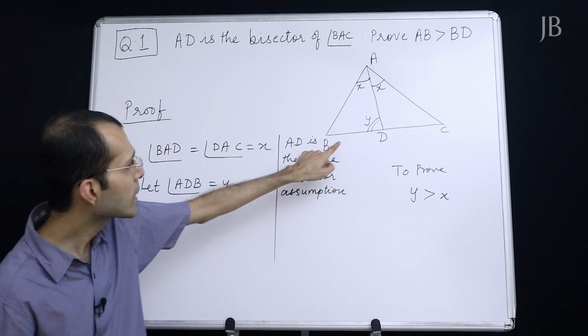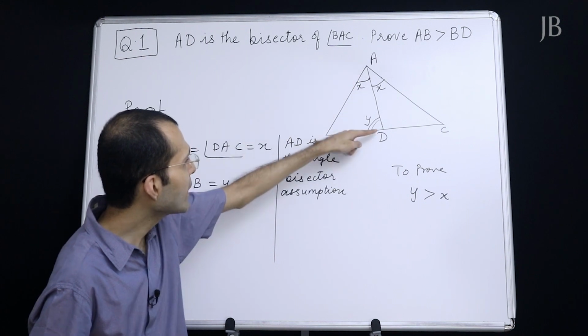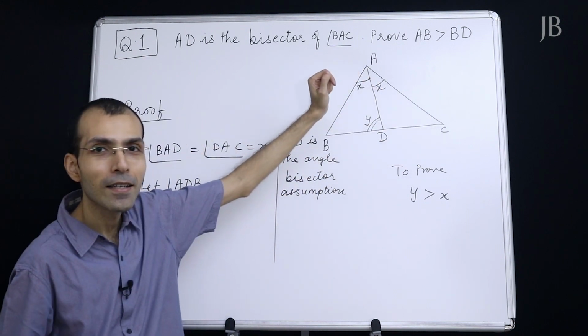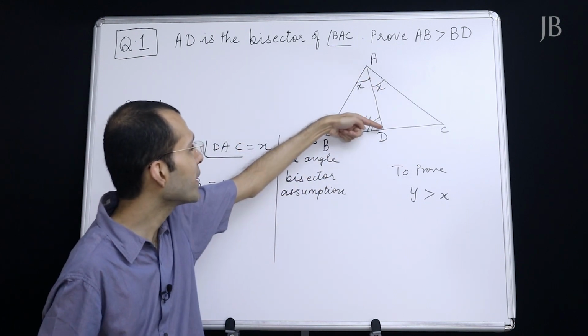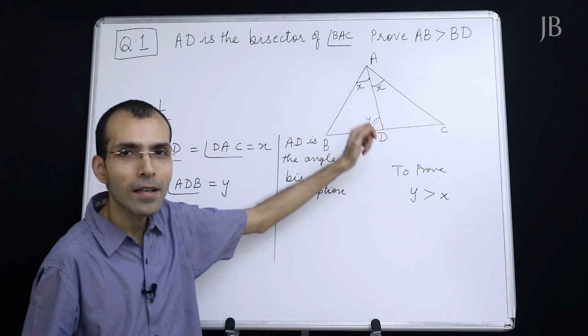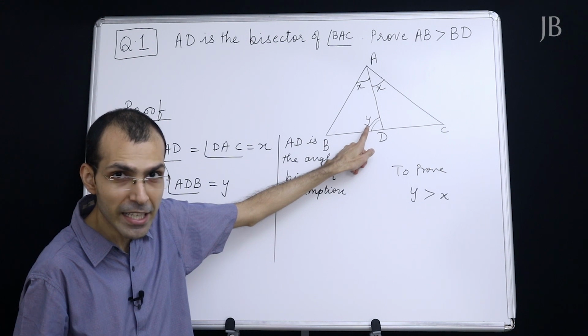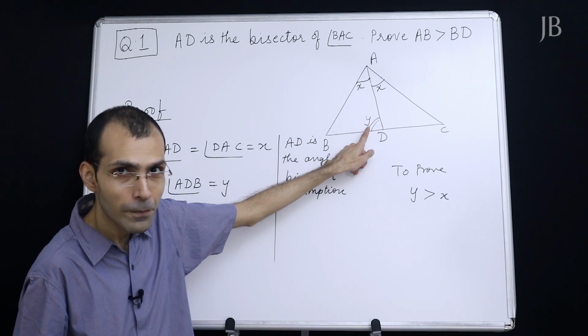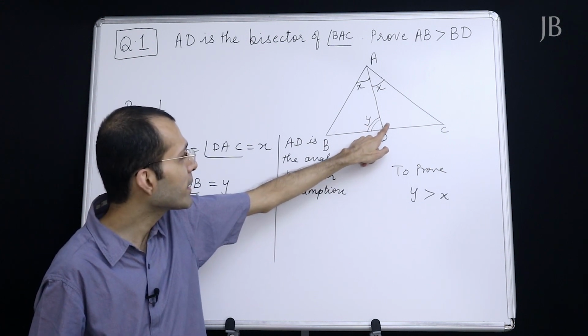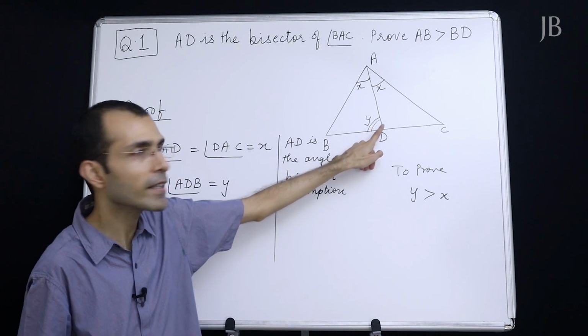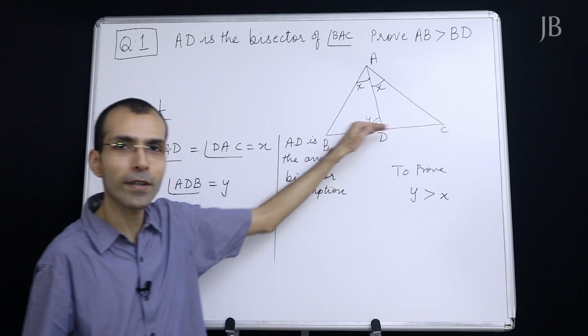Observe triangle ADC. Look at triangle ADC. Can't I say that this Y behaves like the exterior angle? Because this is the interior angle, this will become the exterior angle. Interior plus exterior should give you a straight line.